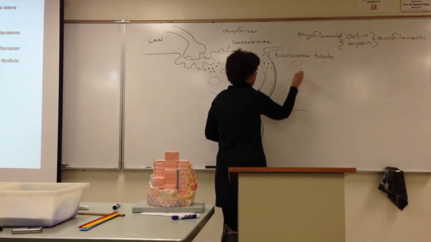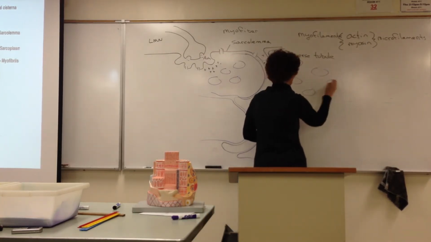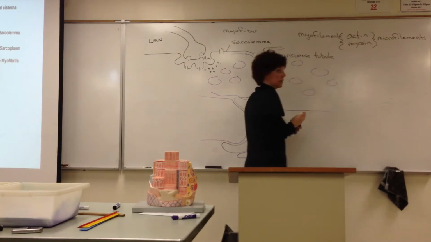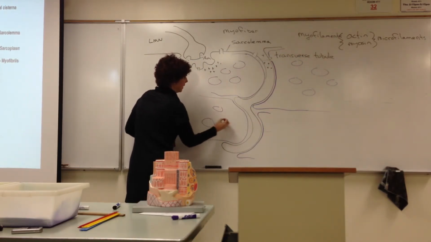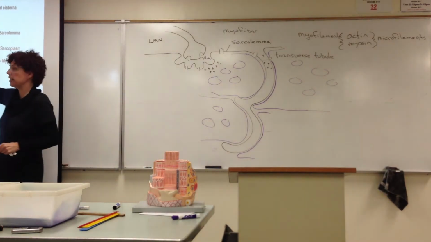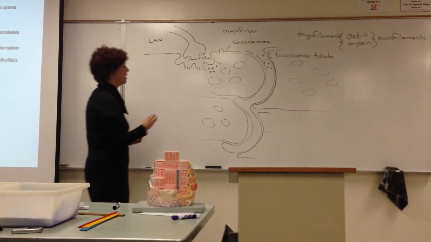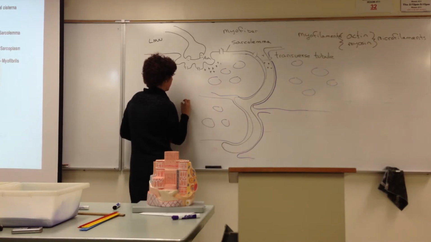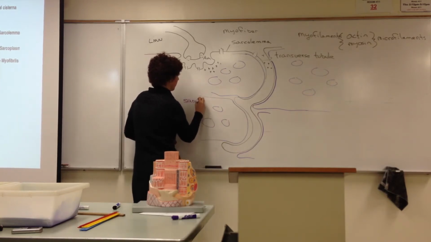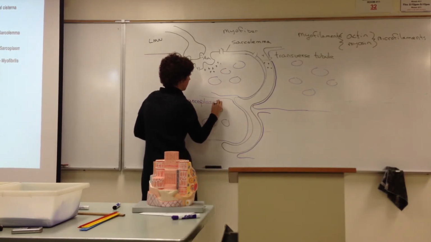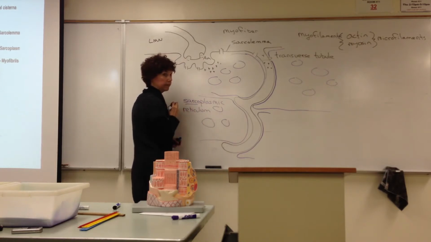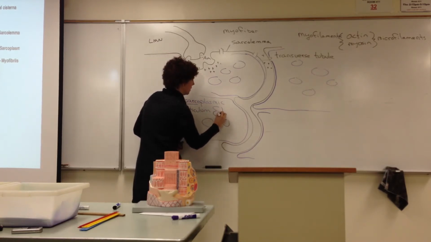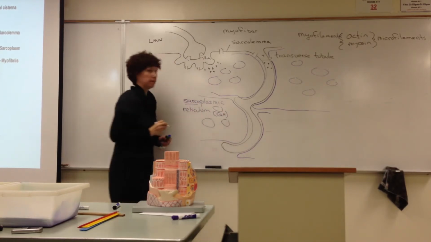So this is a sac, remember, that is storing calcium ions. So this structure is the same as this blue structure here, and it's known as the sarcoplasmic, instead of endoplasmic, sarco for muscle, sarcoplasmic reticulum. And it stores calcium ions.